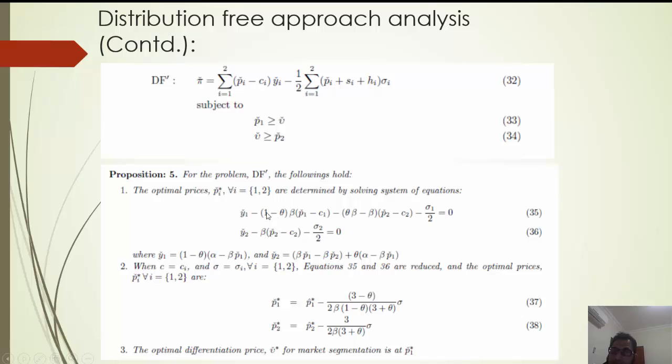We found that the optimal prices can be obtained in closed form. Notice here that the price for the case of distribution free is always lower than the deterministic price, when the problem is basically riskless, meaning that the demands are deterministic.